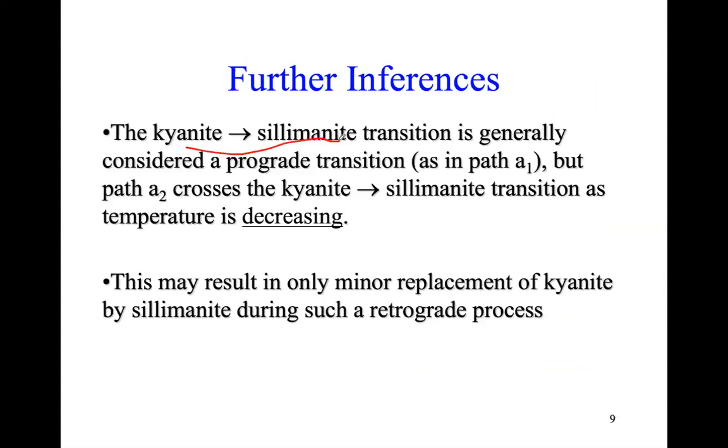This is very important in pelitic rocks, because pelitic rocks have aluminosilicates. There are three aluminosilicates showing distinctly different pressure-temperature zones. So these are very characteristic for indicating the pressure-temperature conditions that the rock has suffered.